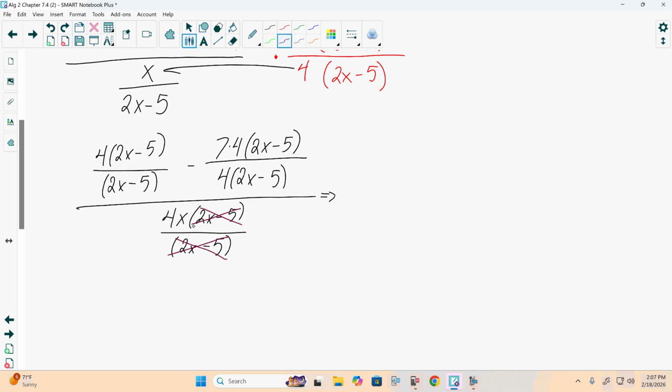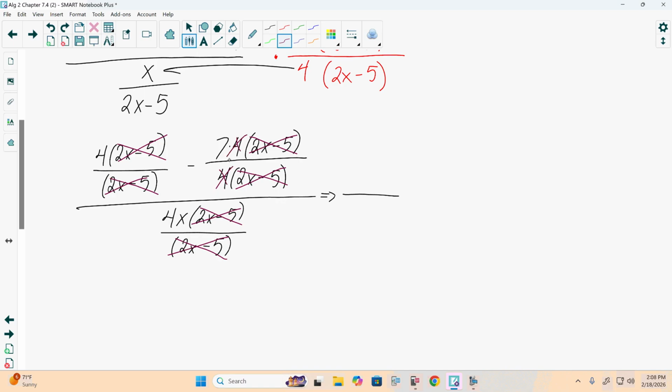In the denominator, that 2x minus 5 and 2x minus 5 will cancel. On top, 2x minus 5, 2x minus 5, cancel. And in the last fraction, the 2x minus 5, 2x minus 5 cancel.